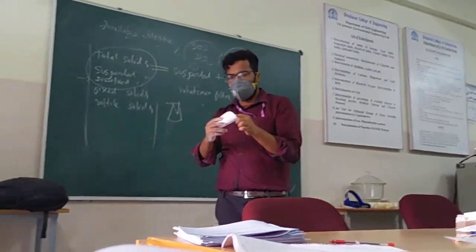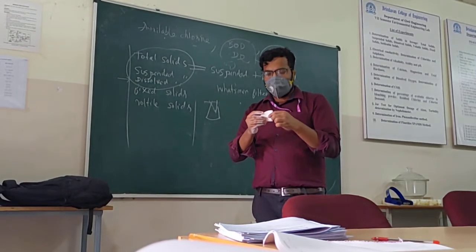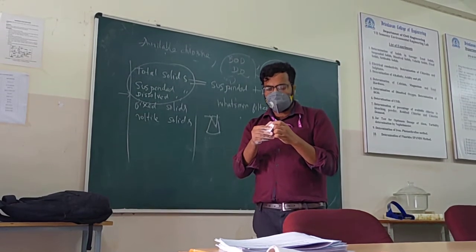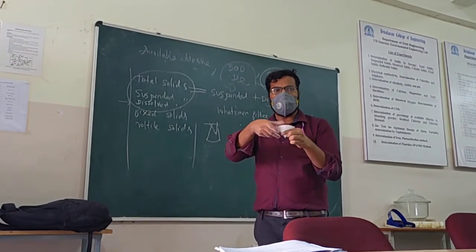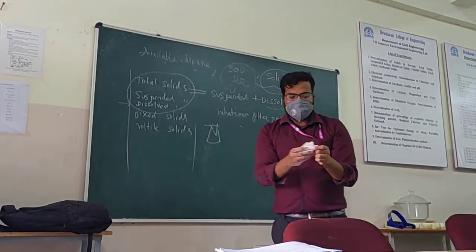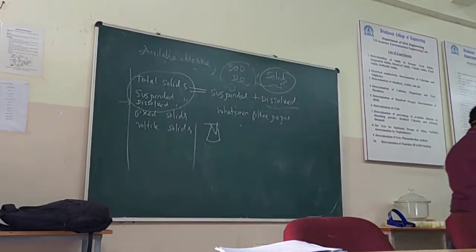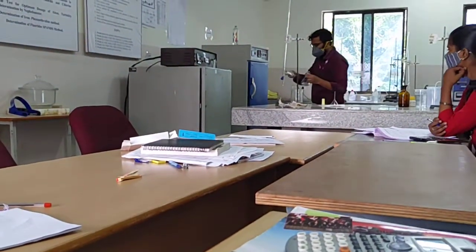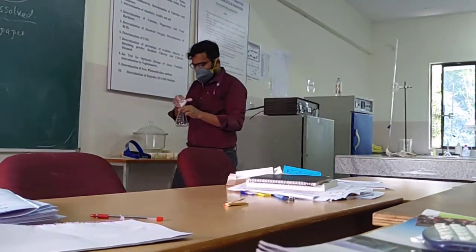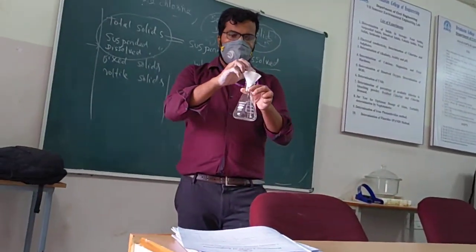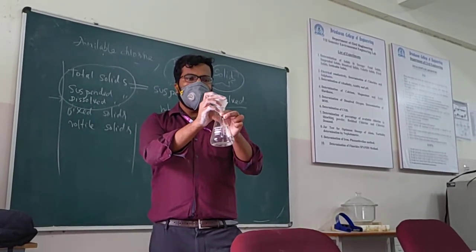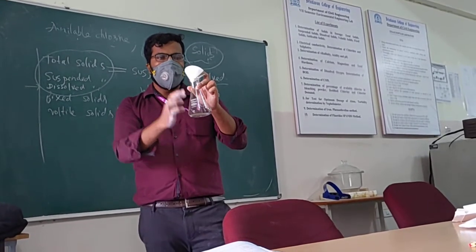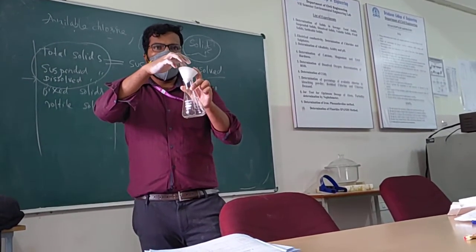We just make it like this, and you will get a cone shape like this. And you just put it in your conical flask like this. See, when you do like this, we can pour the sample here, and whatever comes through here is dissolved solids, and whatever is retained in the paper is suspended solids.